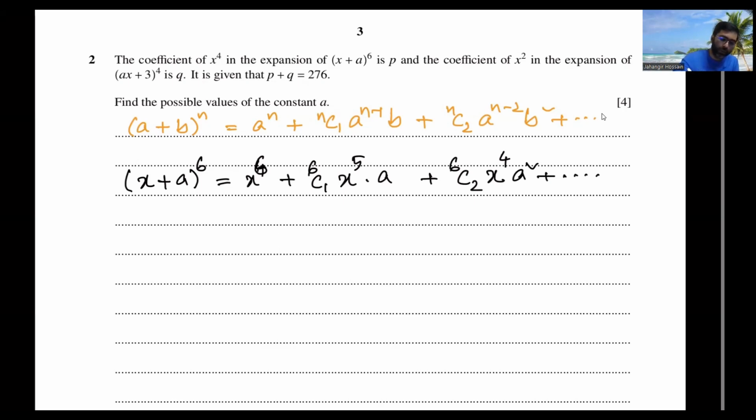And then we need the coefficient of x square in the expansion of the next binomial, which is (ax plus b) whole to the power 4. We need the coefficient of x square.